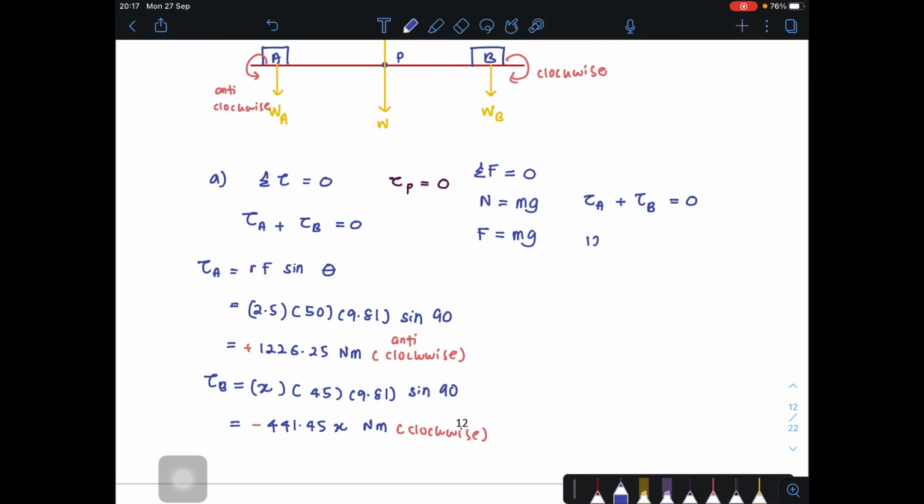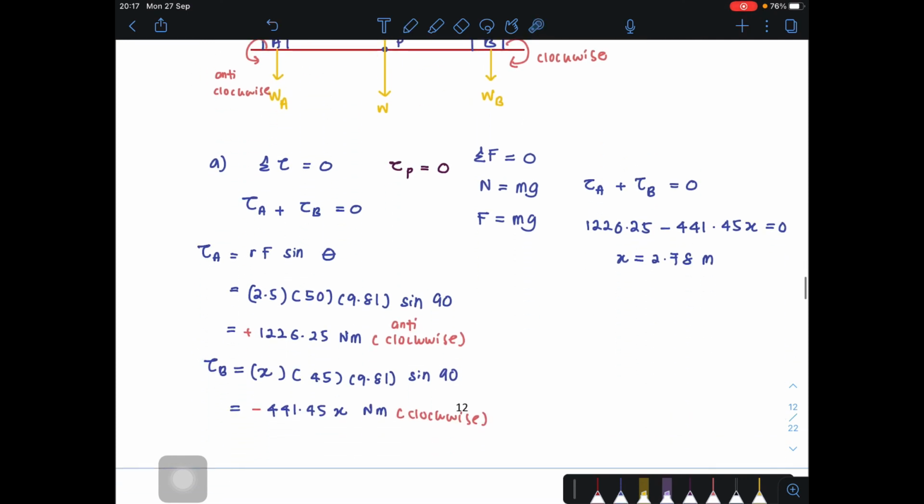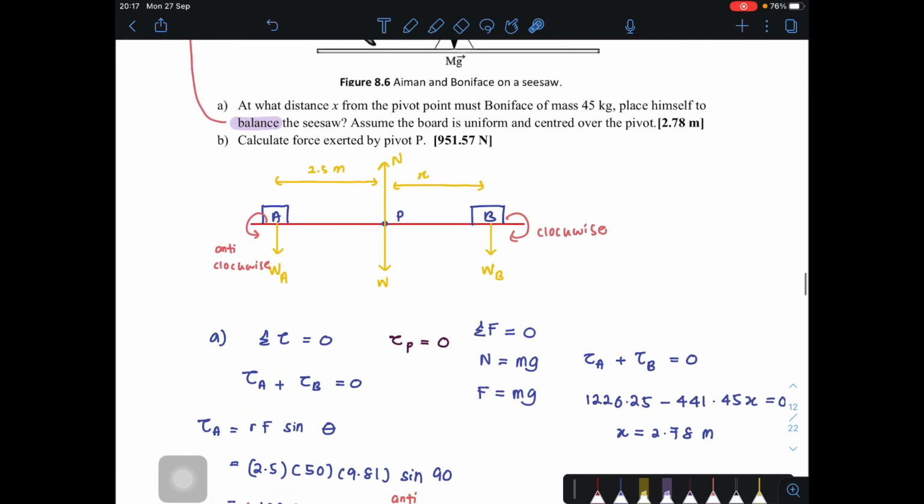So put in 1226.25 minus 441.45x equals zero. So x equals 2.78 meters. Okay, so that's the first question.